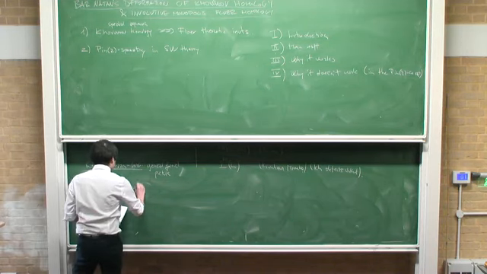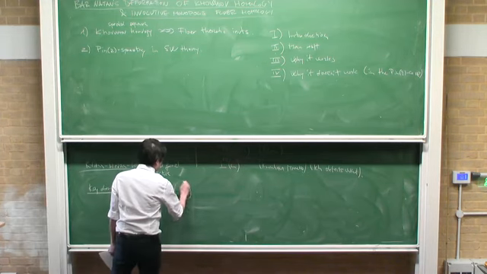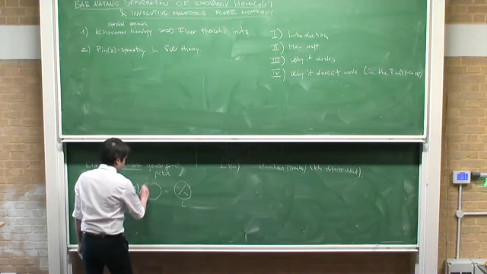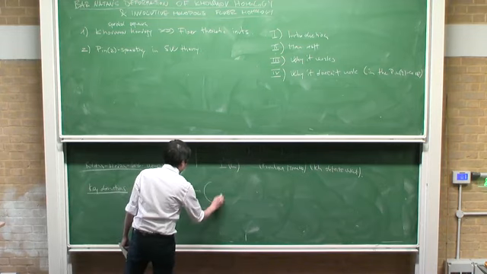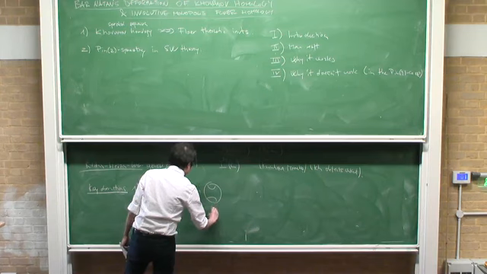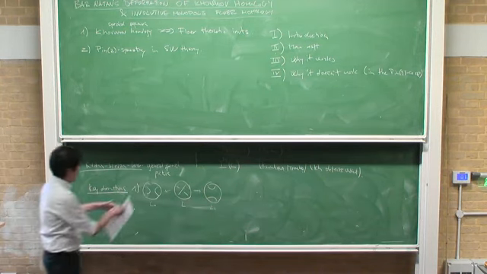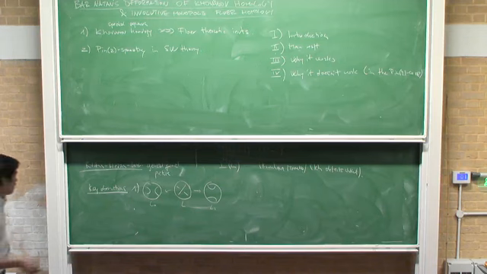Well, the first key observation is, what do you do in Khovanov homology? You have the link with the crossings, and then you do resolutions. I told you these are 0 and these are 1.